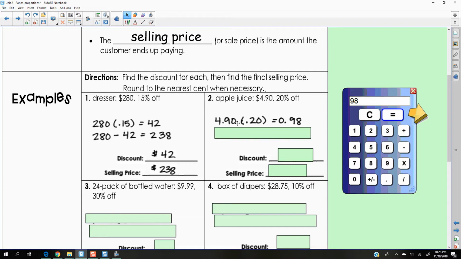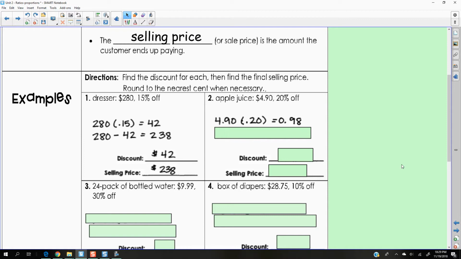Now we have to take that 98 cents and subtract it from the 490. So 490 minus 0.98 equals, why is that not working right? Oh, I'm subtracting, duh, $4.90 minus 0.98.